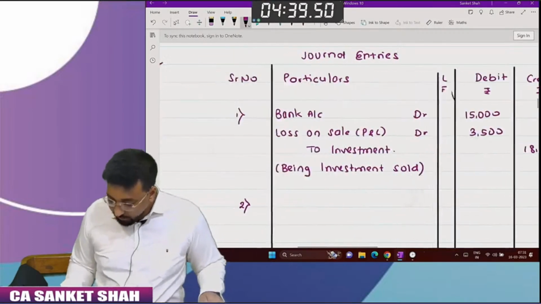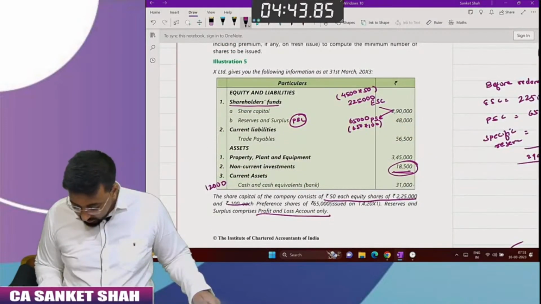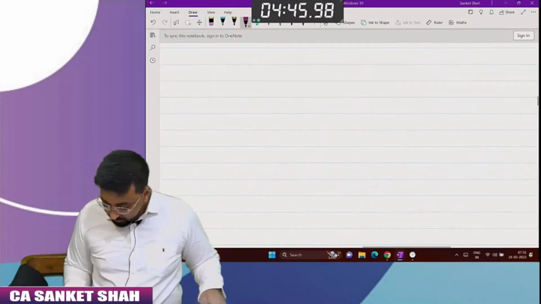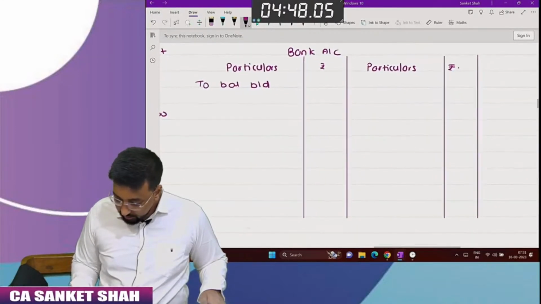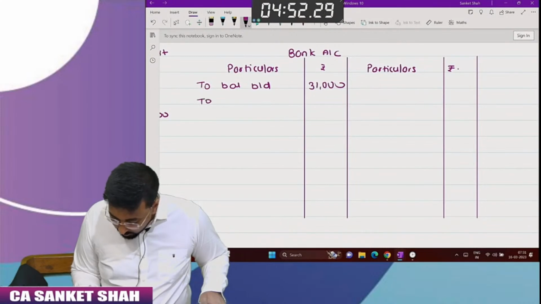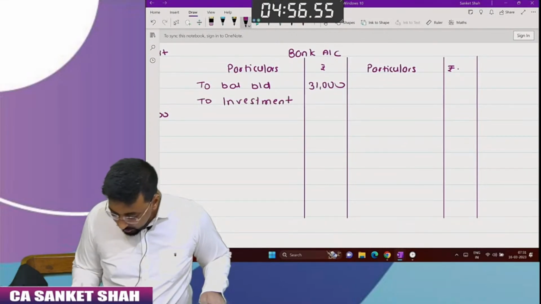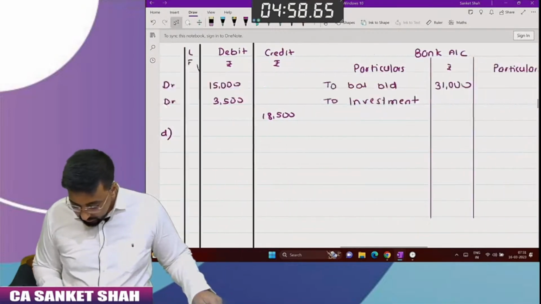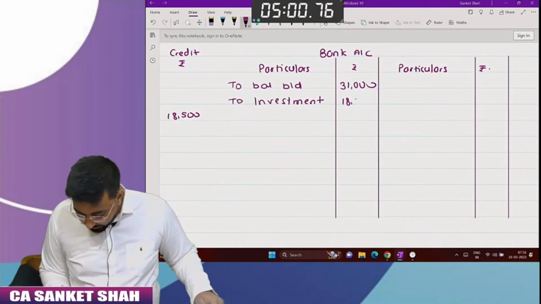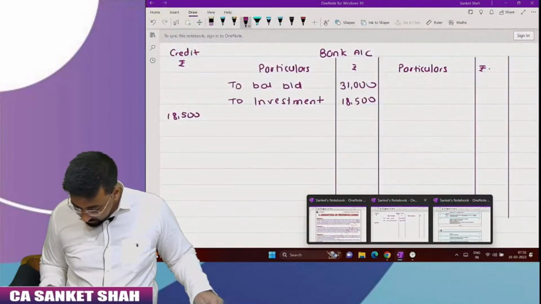What is the balance as per the balance sheet? What is the balance, beta? 31,000. To investment, to investment 18,500. Correct? 18,500.